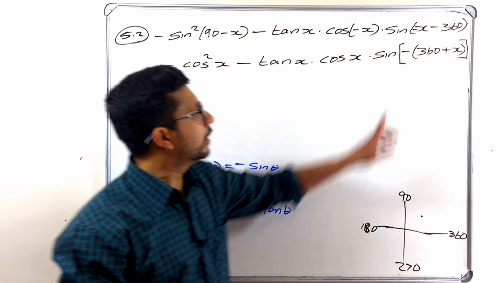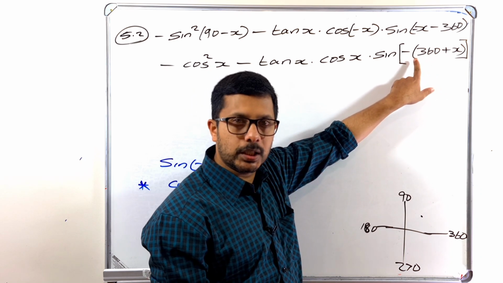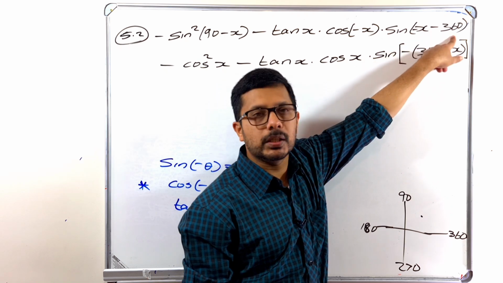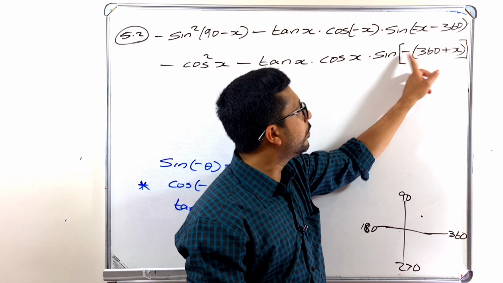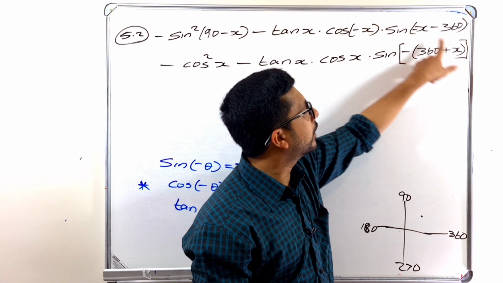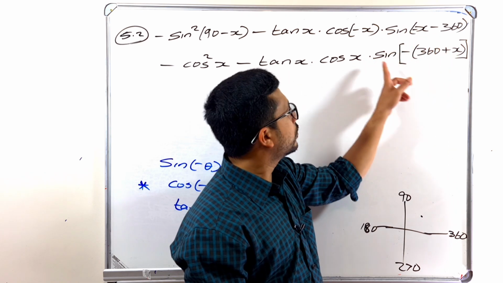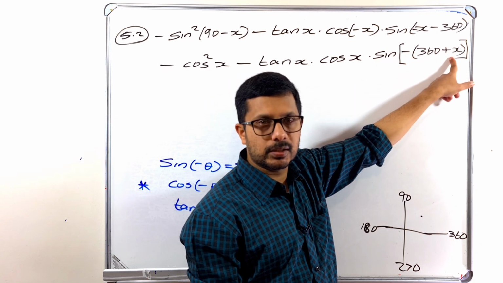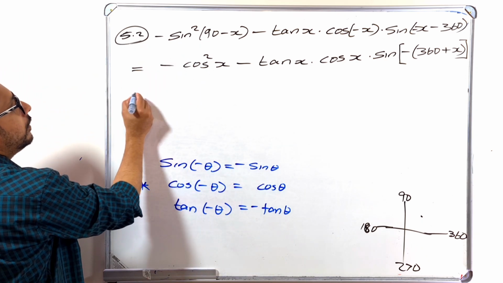Check what I wrote. Minus into 360. This bracket stands for multiplication. So minus times 360 is minus 360. Minus times x is minus into plus is minus x. So this one is correct. So sine of minus of 360 plus x. Now come back to our problem again.